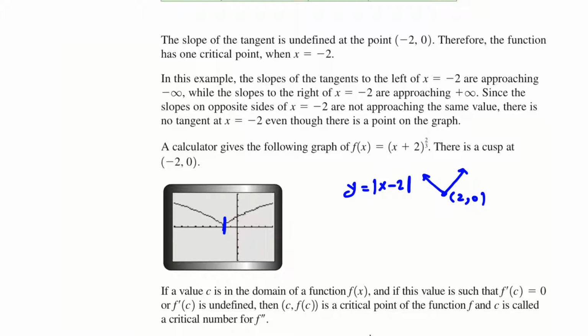It's good to put these two examples, x plus 2 and x minus 2, beside each other and see that at both of them we have a local, which is absolute, minimum, but the derivative does not exist.